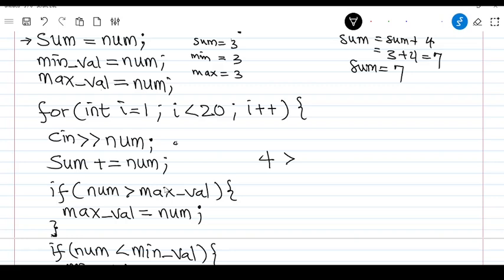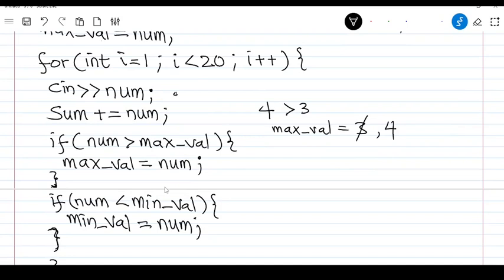So if 4 is greater than 3, yes, indeed, 4 is greater than 3. So max val will now have to carry the value of num, which is the new value. So the value of max val, which was indeed 3, will now be overwritten, and then we're going to have 4 as our new maximum value. Okay, that's for this if block of code.